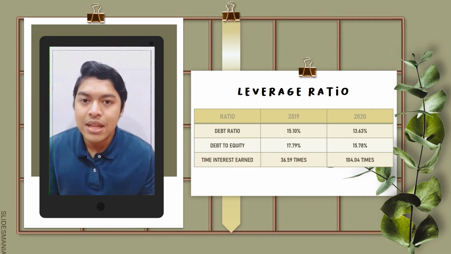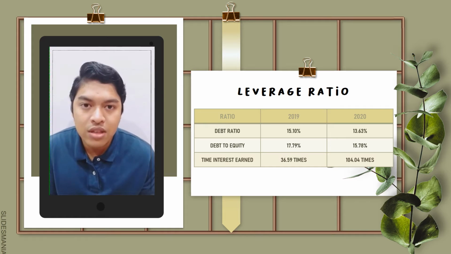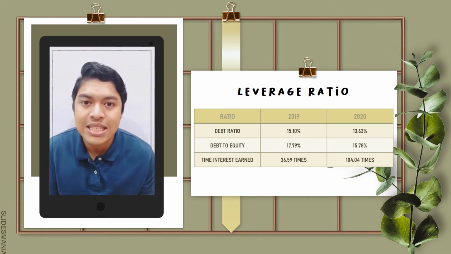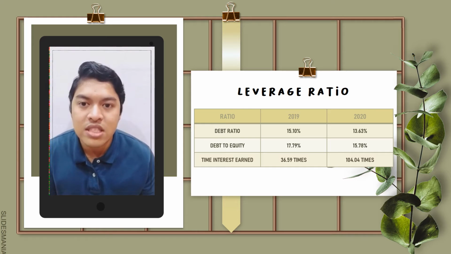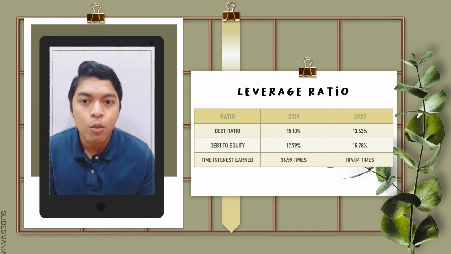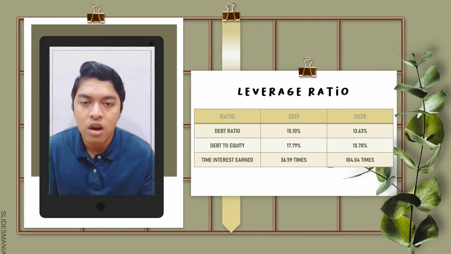Lastly, the times interest earned for the company in year 2020 is 104.4 times, and it is higher than year 2019, which is 36.59 times. It shows that the company has greater ability to make contractual interest payments and to pay interest charges out of operating profits.